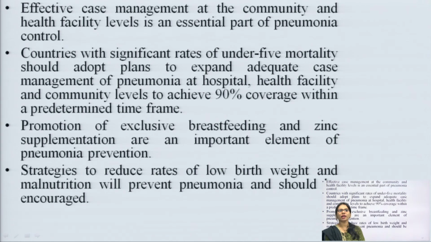Countries with a significant rate of under 5 mortality should adopt plans to expand effective case management of pneumonia at hospital, health facilities and community level to achieve 90% coverage within a predetermined time frame.